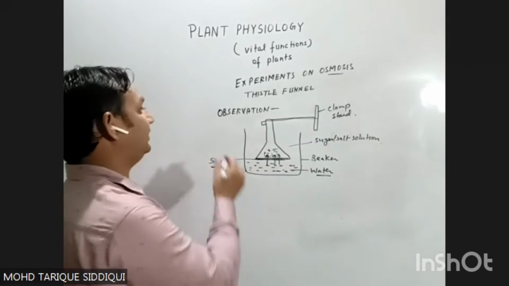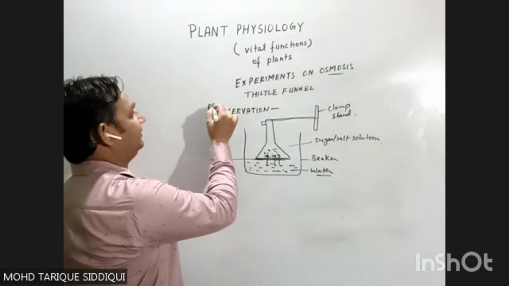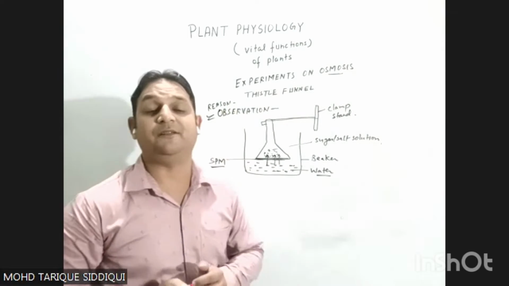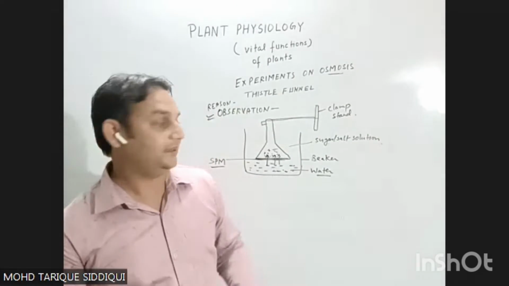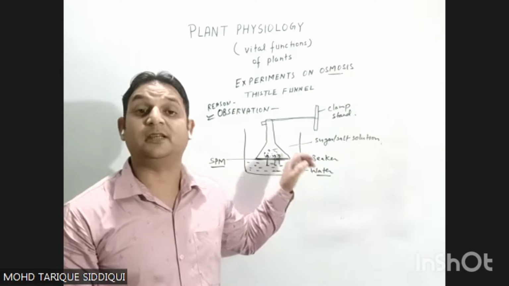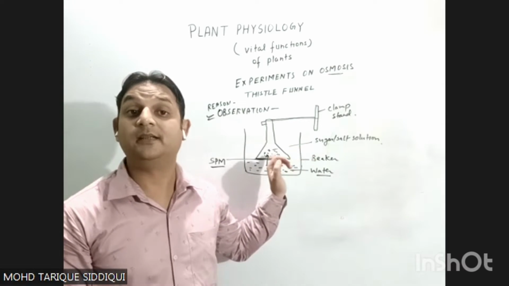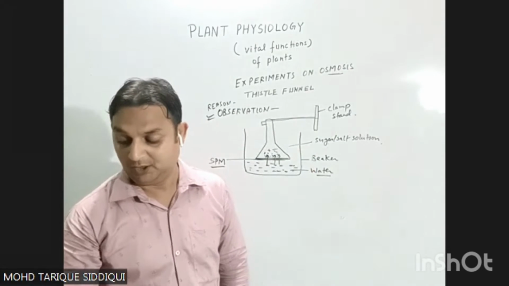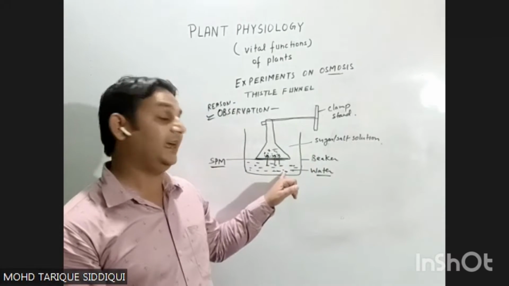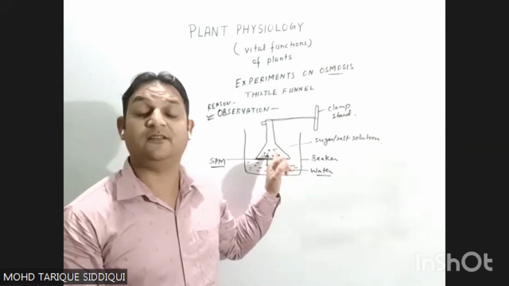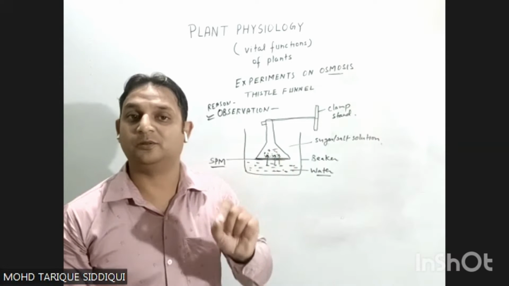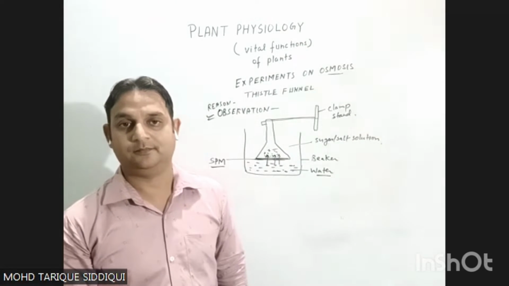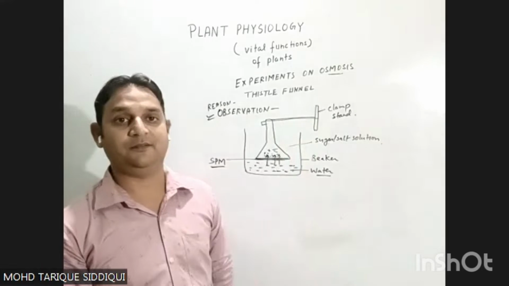Then the second point: what is the reason for the observation? Give reason. Water in the beaker is a hypotonic solution as compared to the sugar or salt solution in the Thistle funnel, which is a hypertonic solution. So water of the beaker enters into the Thistle funnel by osmosis through the semi-permeable membrane. All right. So this is the reason for the observation.